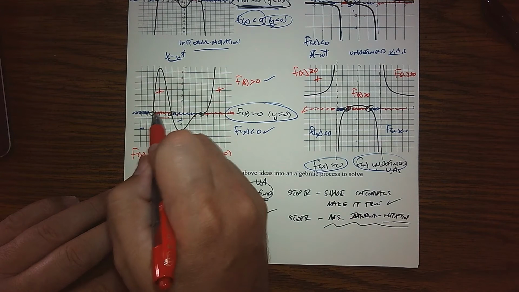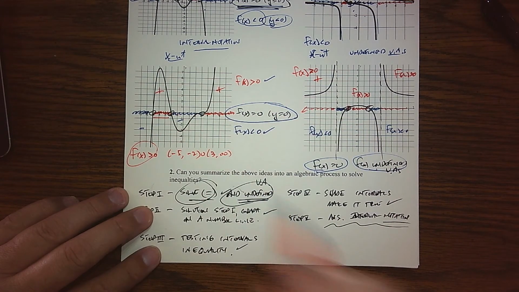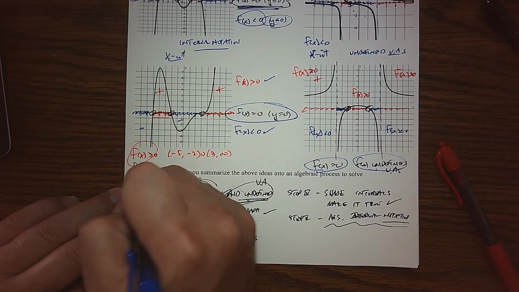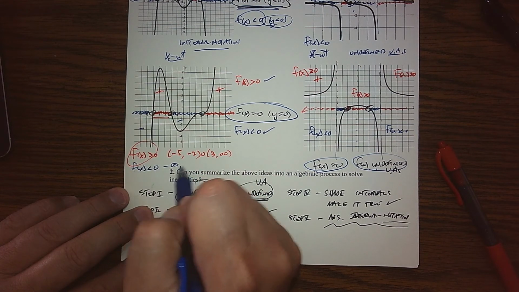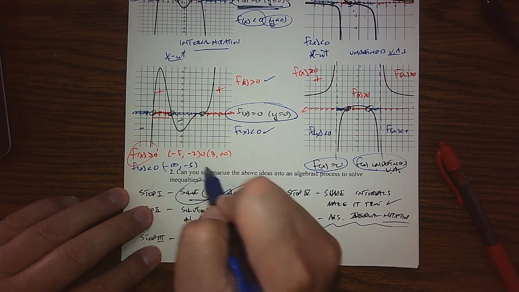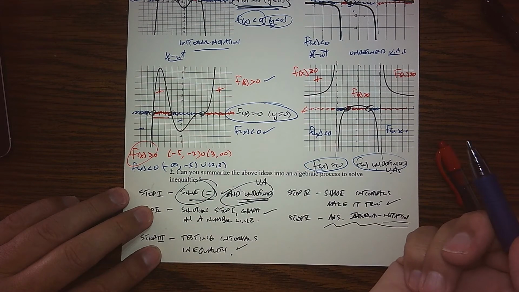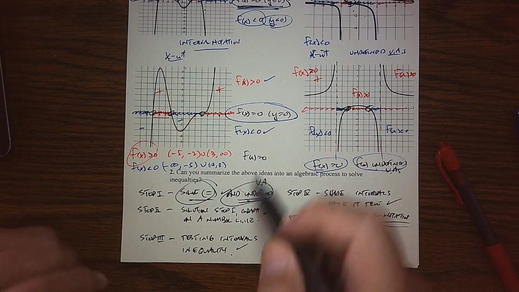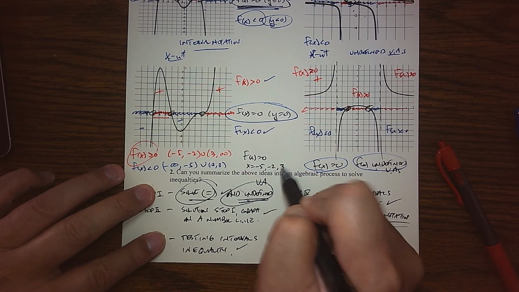So that stretch of x values and that stretch of x values make the output greater than 0. And then of course, where is f of x less than 0? Well, it looks like from -infinity up to -5, and then from -2 to 3 is where that's happening. And of course the wild card is we know where f of x is actually equal to 0. That would be x equals -5, -2, and 3.